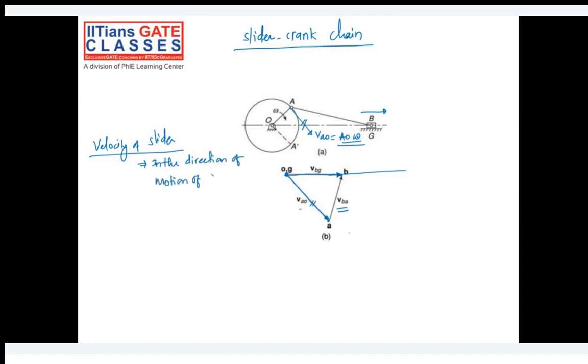So we have understood the basic velocity concept. Now let's try to bring in the acceleration concept.